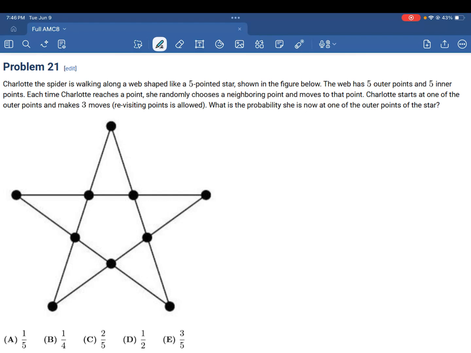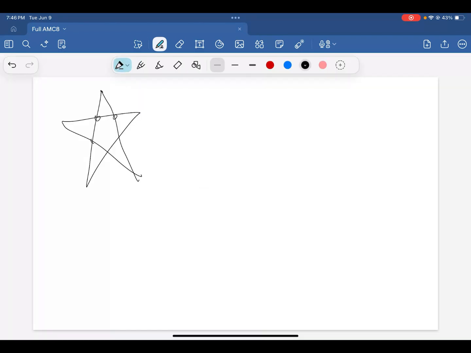So I'm just going to draw this. I have 5 inner and 5 outer. She starts at one of the outer points. Without loss of generality, let's just say it's this one.